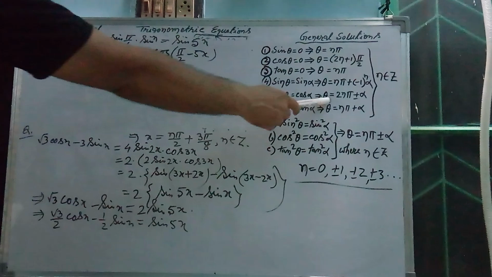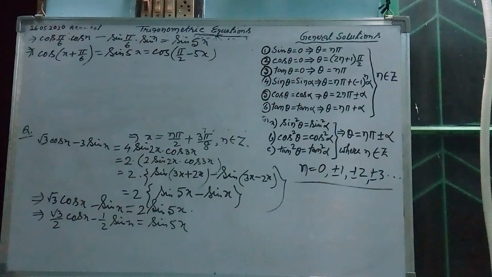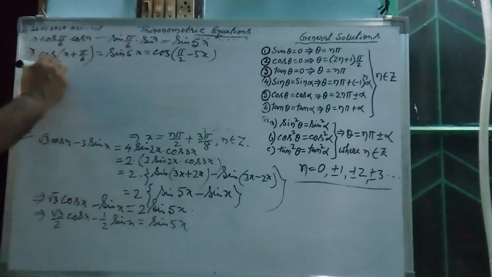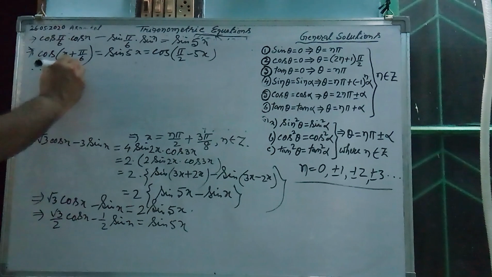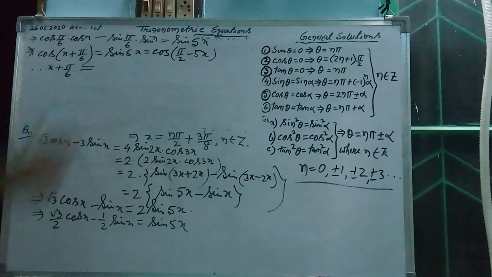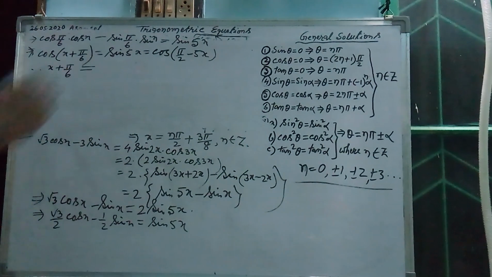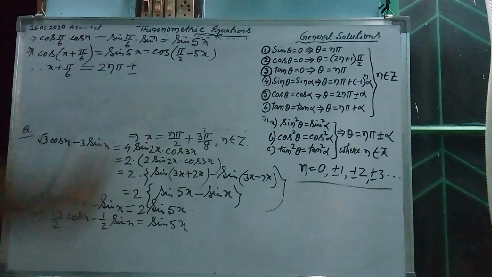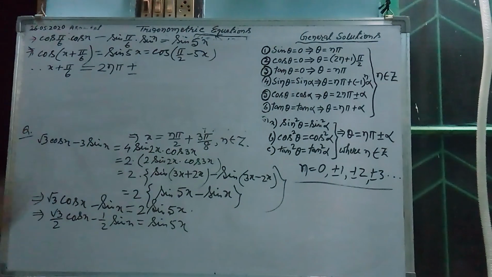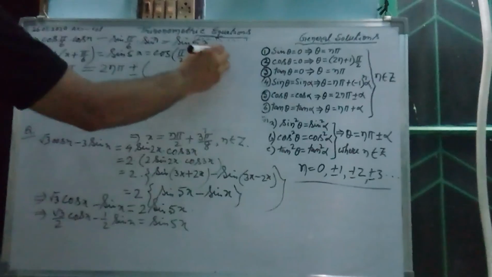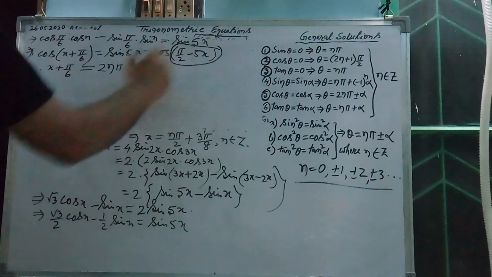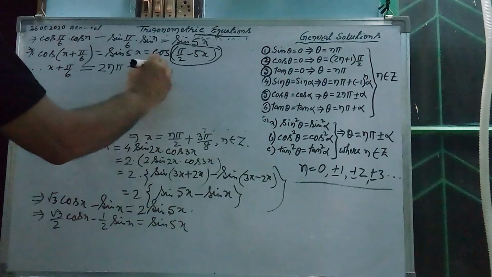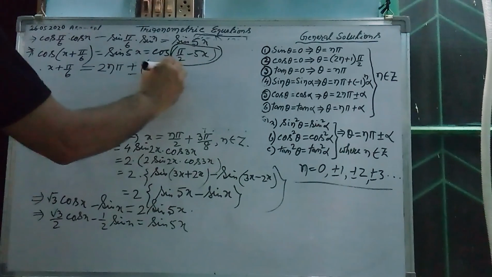So x plus pi by 6 is equal to 2n pi plus minus alpha. Alpha is what? Alpha is pi by 2 minus 5x.